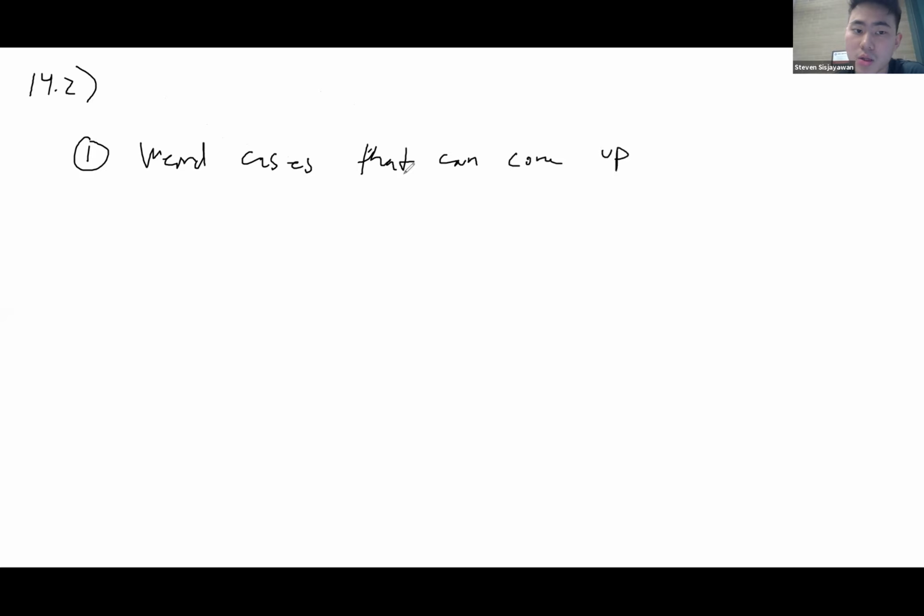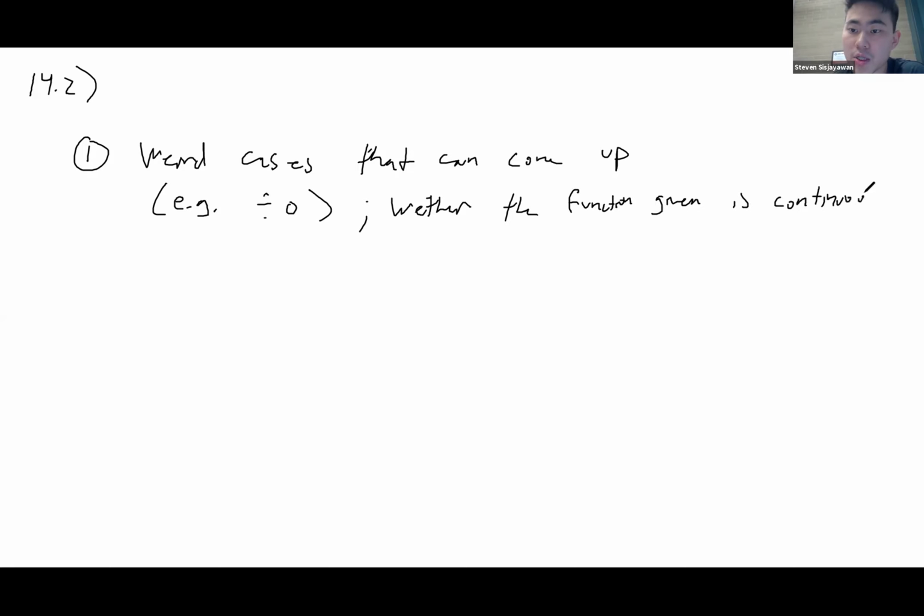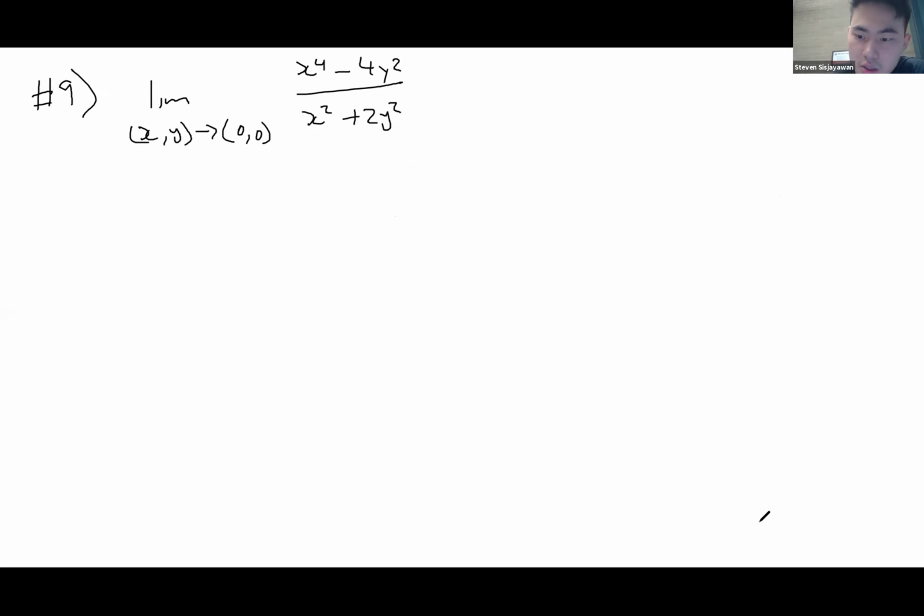An example of this, as I mentioned, is dividing by 0. And then also looking at whether the function is continuous. The function given is continuous, right? If we're given a continuous function, we can basically say that the limit exists for a certain function.